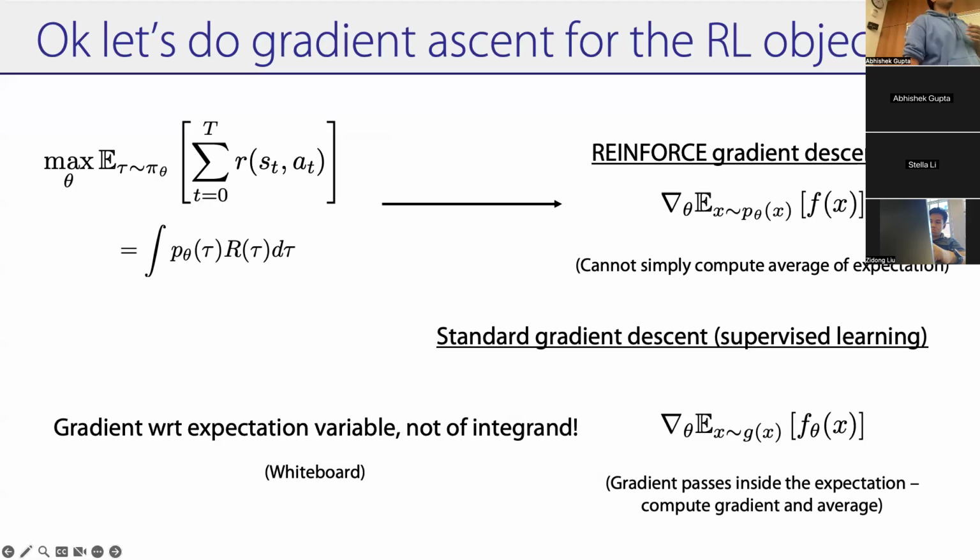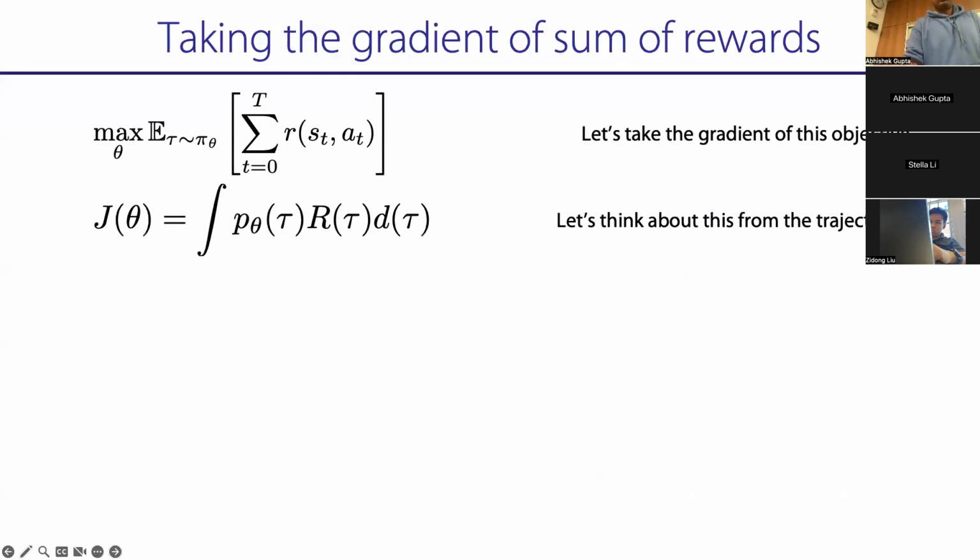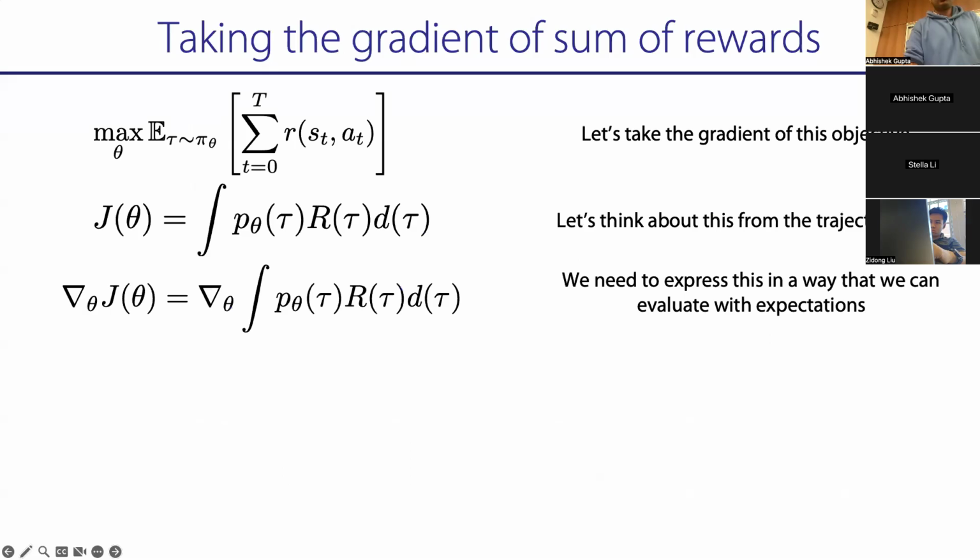All right. So before I give you the answer, what are folks' ideas on trying to make that problem into an expectation? The issue here is that we have this objective, and its gradient is not an expectation, right? So let's cover this in a little bit of detail before I pause.